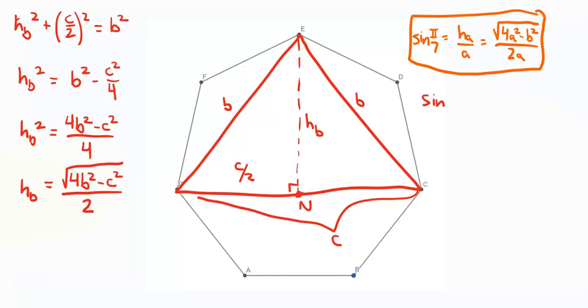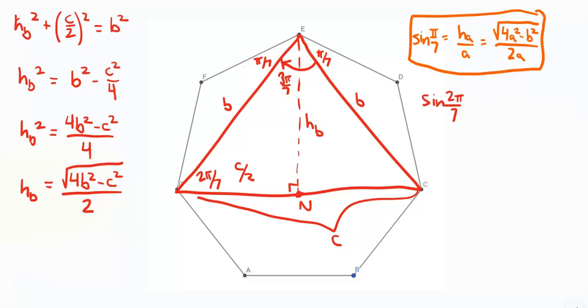So that means the sine of 2 pi over 7. And we showed this yesterday, the angle up top here was 3 pi over 7 because the angles here were pi over 7 and pi over 7.